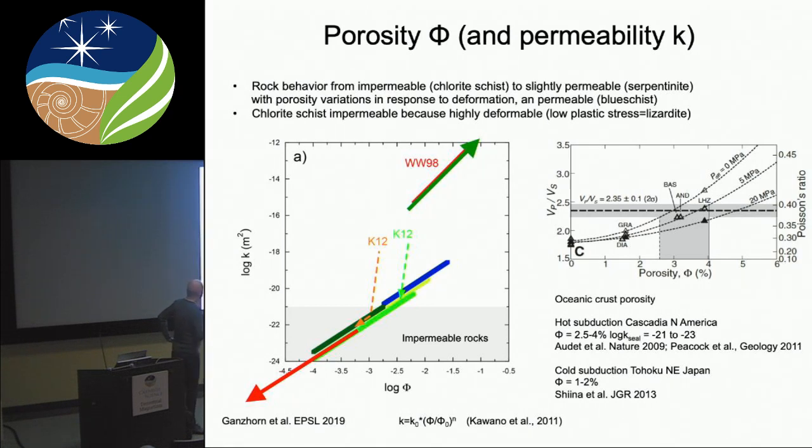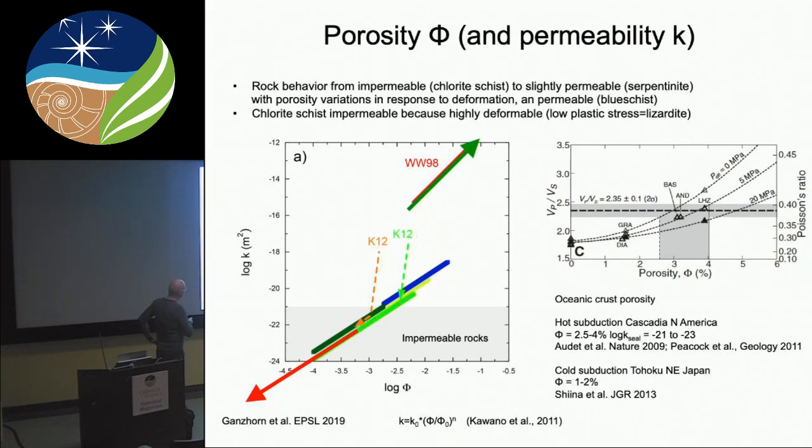And actually, we get values for the blueschist that are of the order of 1 to 4%, which is pretty consistent with what people estimate from seismic wave velocities in the oceanic crust under Cascadia or Tohoku subduction.